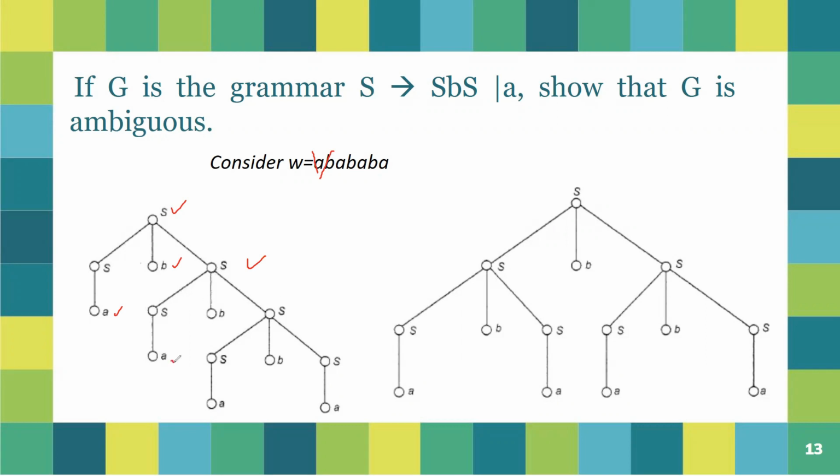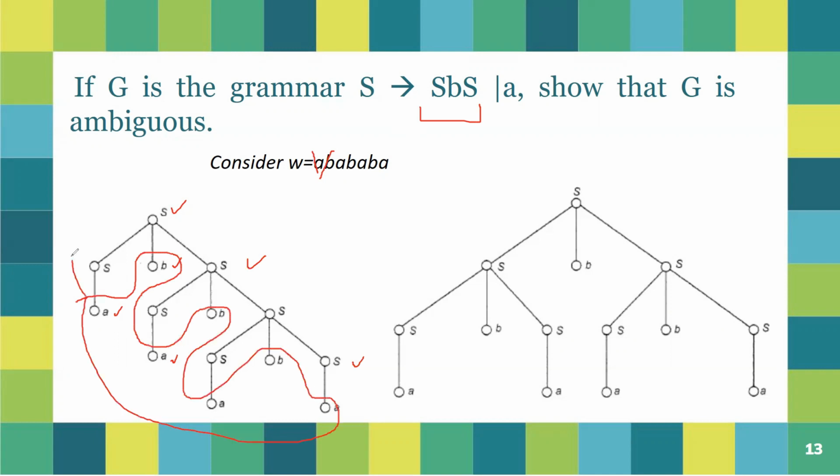So in place of S we can replace A. B is already here, and S is replaced by SBS because it is the given production. So finally, if we concatenate all the leaf nodes from left to right, then we can find the string, and that string is the same as the considered string. Is it clear? So simply it is the parse tree for the string.